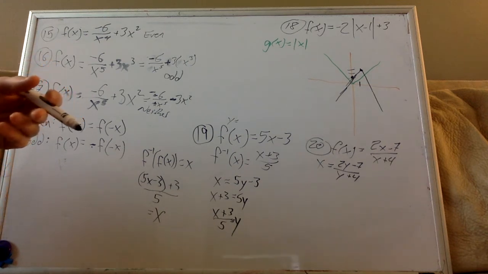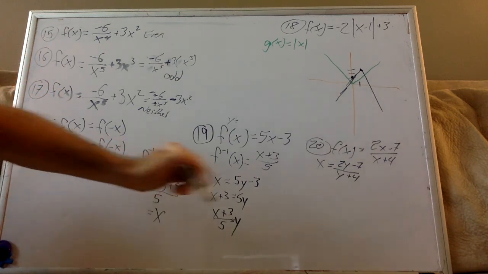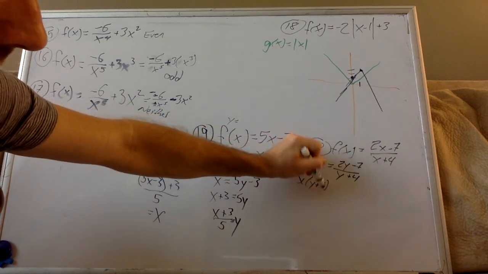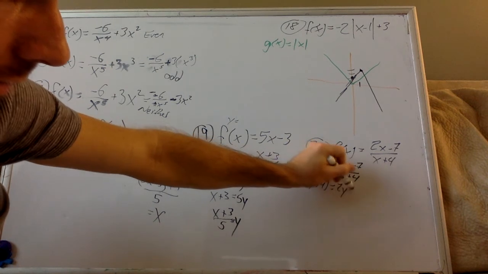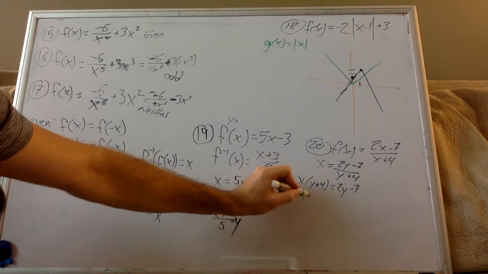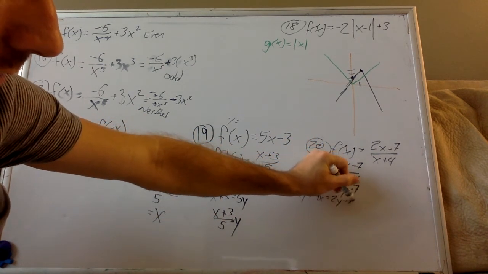When I have a situation like this, maybe my first step is to think, okay, what can I do to move this problem forward? I have this division. Maybe I'll multiply both sides by the denominator so I don't have a fraction anymore. So when I do that, I have x times y plus 4 equals 2y minus 7. Now I'm going to distribute that through, so I have xy plus 4x, and then of course still equals 2y minus 7.